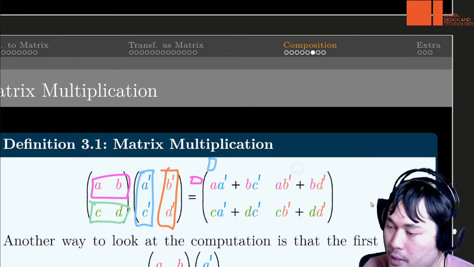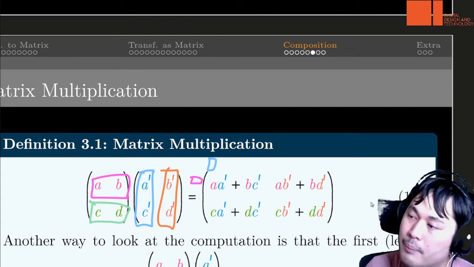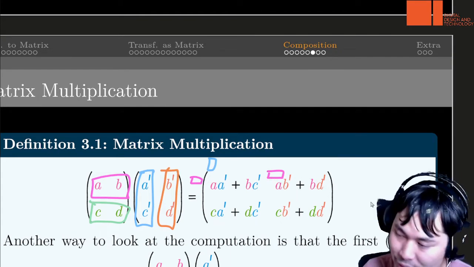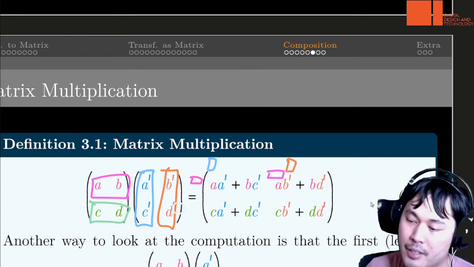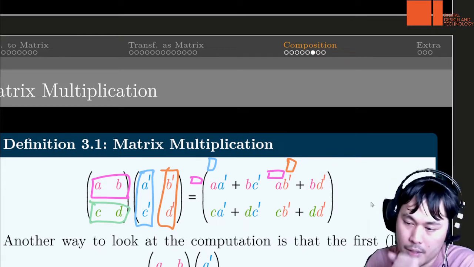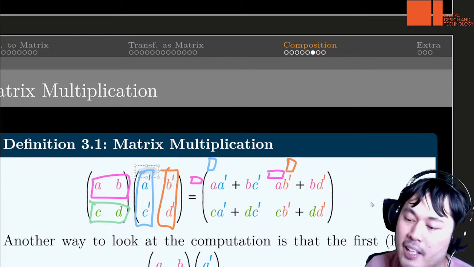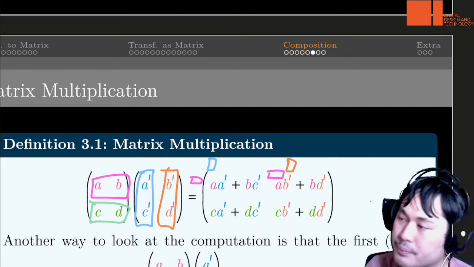And then for this entry, the first row, the second column, we multiply, of course, the first row of the first matrix by the second column of the second matrix. So it's A times B prime and then B times D prime. So that's the second one.